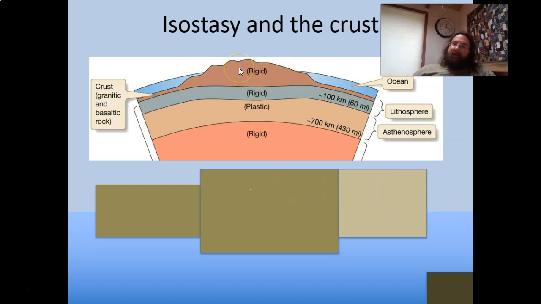We also know from our lab activity that the ocean crust is quite a bit denser than the continental crust, so continental crust will on average float a little bit higher. We also know through the theory of isostasy that a thicker object, if it's less dense than the fluid it's floating in, will have a higher upper surface than a thinner object.